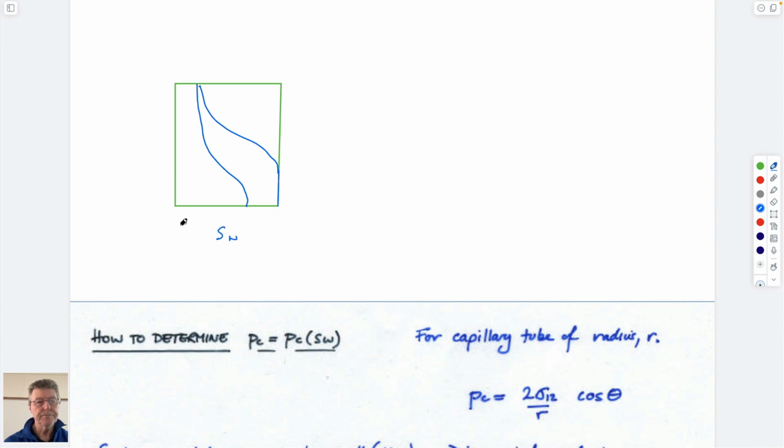Saturation of water, 0 to 100%. Saturation of non-wetting, 0 to 100%. Capillary pressure equals pressure of the non-wetting minus the pressure of the wetting.